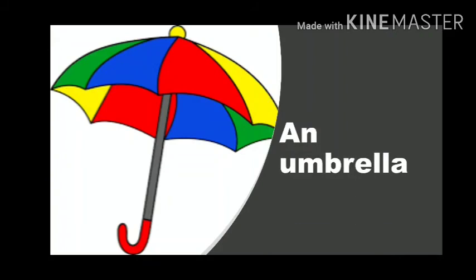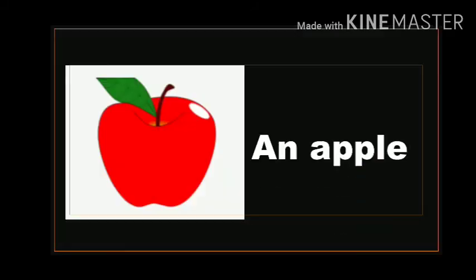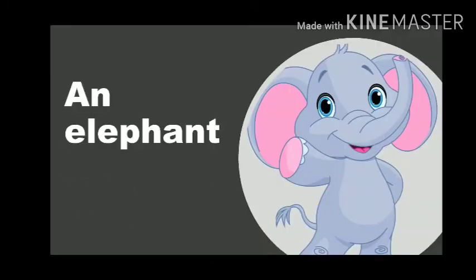An umbrella, an apple, an ice cream, an elephant, an orange. So, here you see students the words umbrella, ice cream, apple, orange, elephant. These words begin with a vowel sound. So, we use an before the noun which begins with a vowel sound.